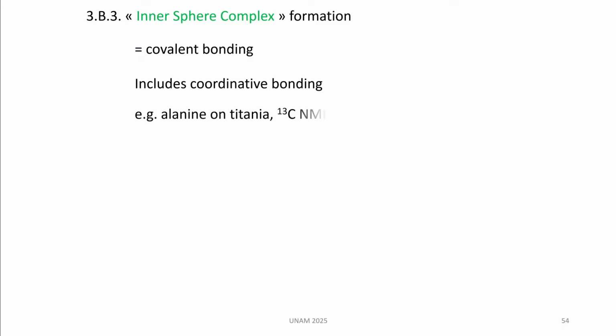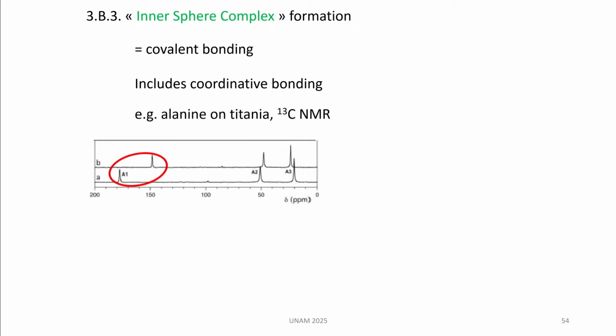and eliminate one water molecule. All right? Coordinative bonding is a special case in which you have a bond between a ligand and a metal ion.